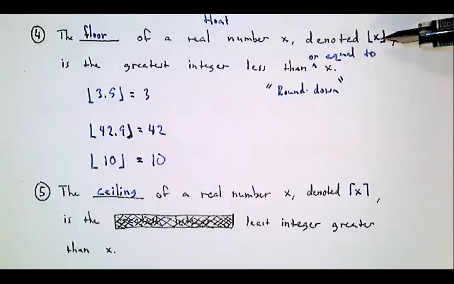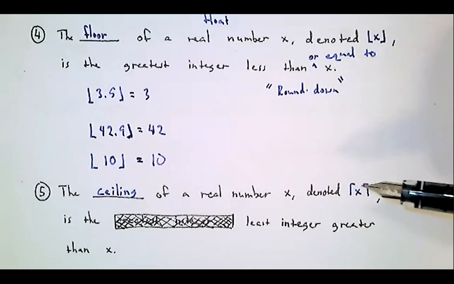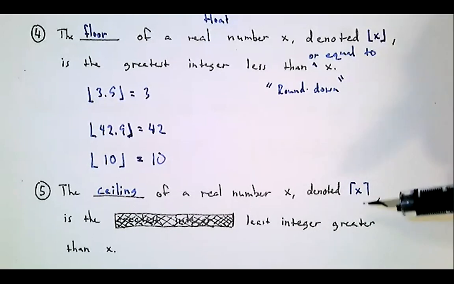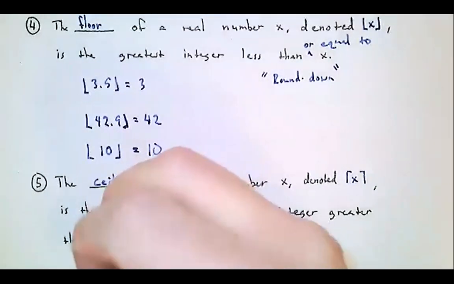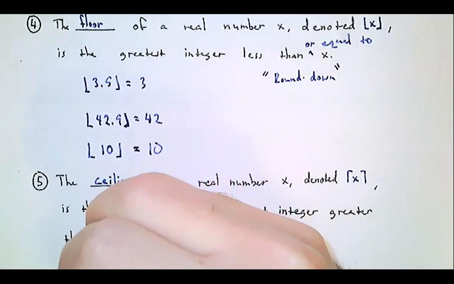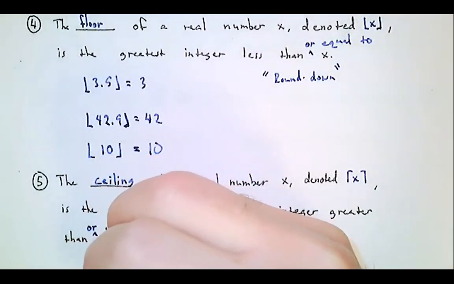So before we put little feet on an absolute value symbol, here we have our vertical lines and then we're putting little horizontal pieces at the top to show that it's a ceiling. So you might imagine we're putting like a ceiling on top of the number, essentially. And this is going to be the least integer greater than or equal to x.